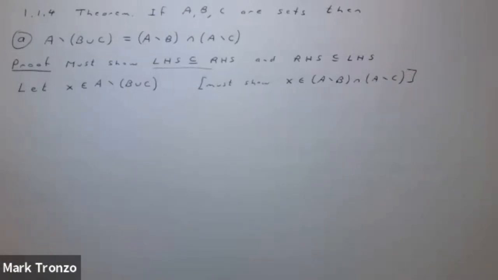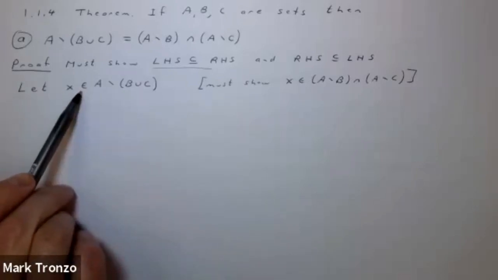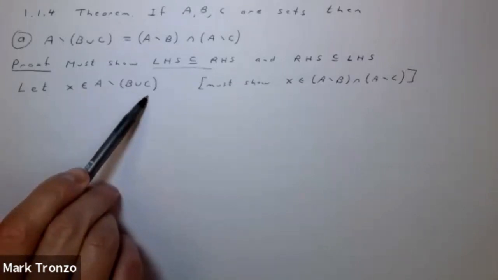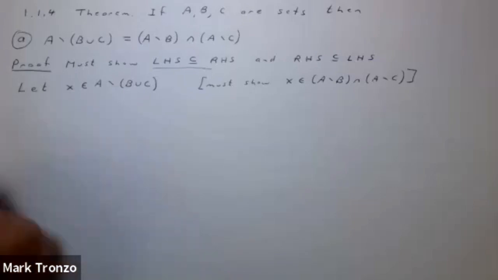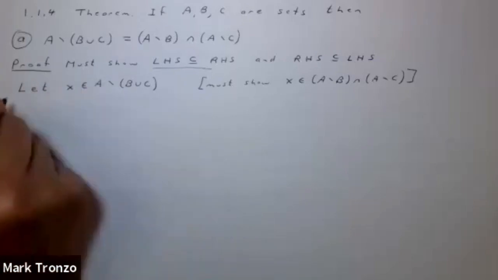So think about this. We started with something on the left-hand side. It's an element of A complement B union C. So what does this mean?